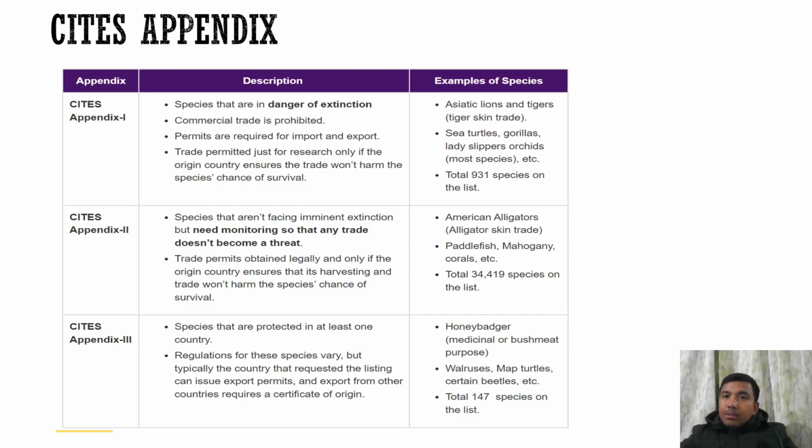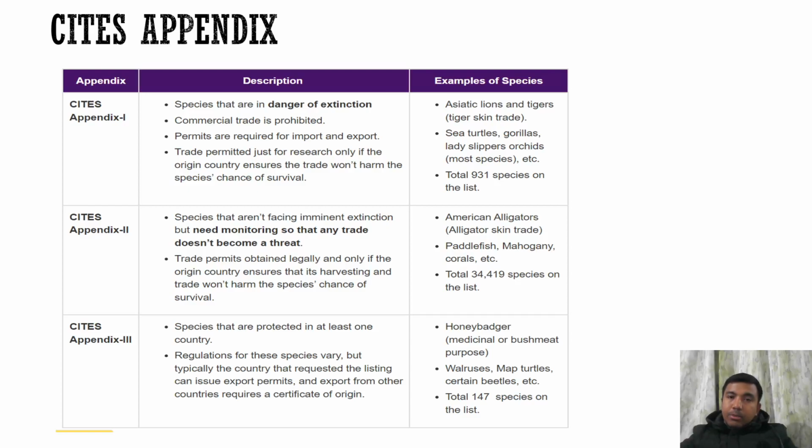The species mentioned in Schedule 1 of the Wildlife Protection Act are mostly included in Appendix 1 of CITES.